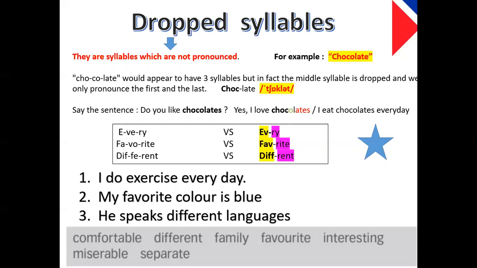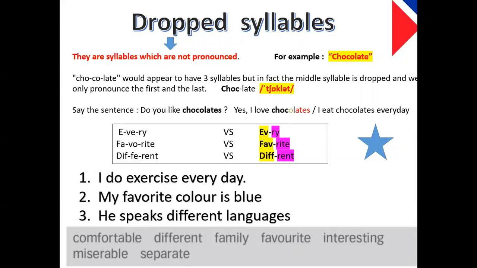For example, the first is every, you pronounce every. Favorite, favorite. Different, different. You can see there is one syllable less in each case.